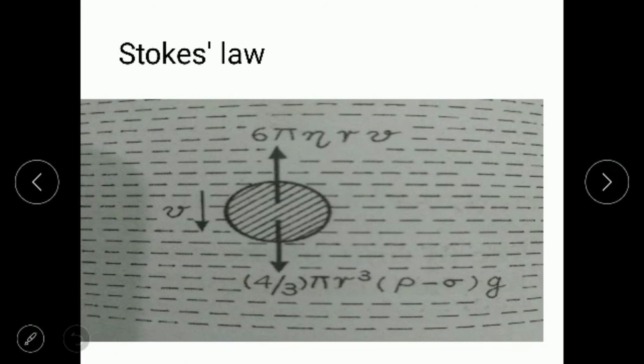The ball is dragged by the force of acceleration developed due to the effective weight of the ball. As a result, the velocity of the falling ball goes on increasing. Initially, at the first stage, the velocity is 0. As it goes further, the velocity increases, as shown by this arrow over here.